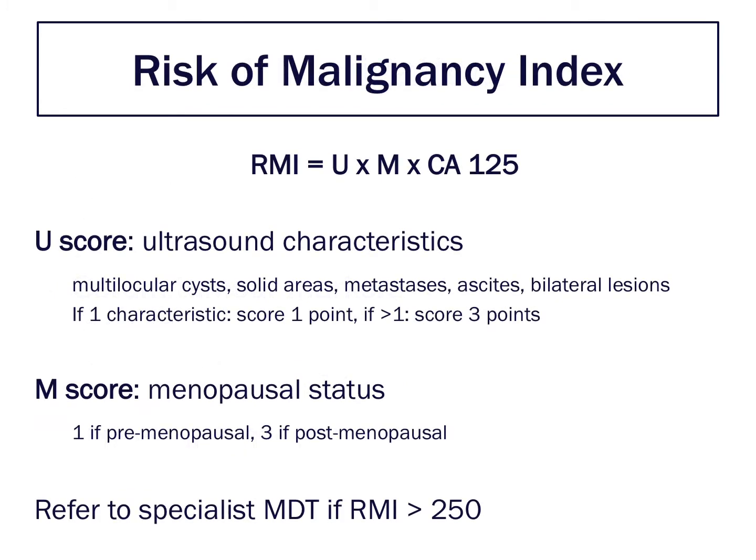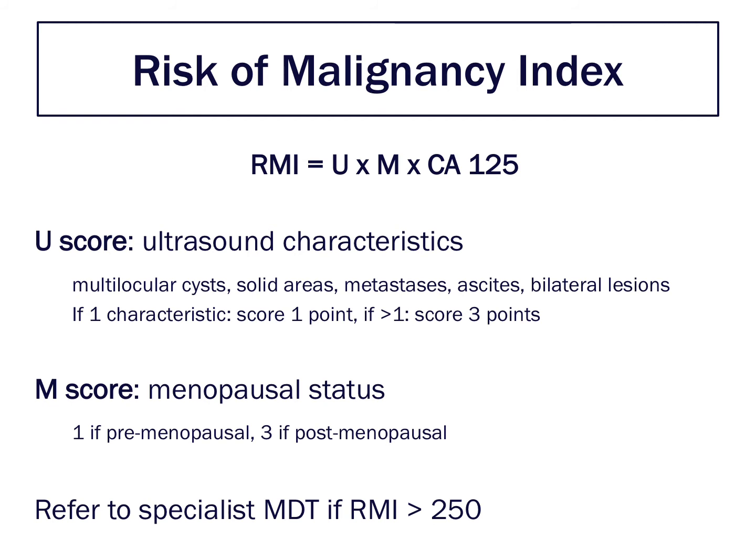In ovarian cancer, we calculate the risk of malignancy index, the RMI, and this gives us a rough idea whether this could be cancer. So for the RMI, we look at a score from the ultrasound, the M score, which is the menopausal status, and the serum CA125 level. In terms of the ultrasound score, it looks at the different characteristics.